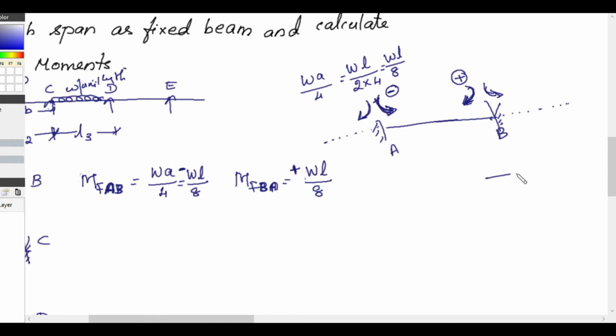So this is anti-clockwise and this is clockwise. And when you take the section anywhere on the span AB, the moment is negative due to the support conditions. And the end moments are anti-clockwise at the left support and clockwise at the right support.